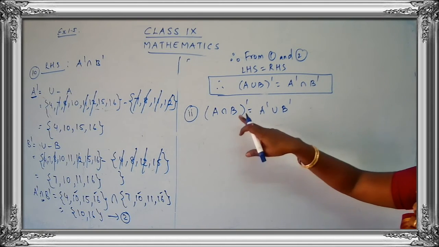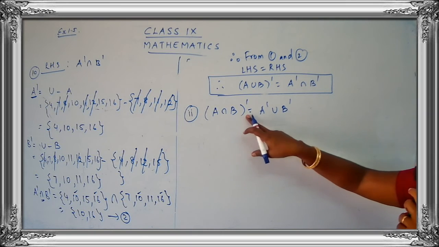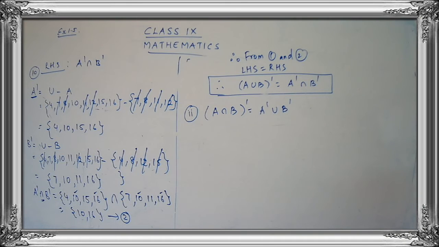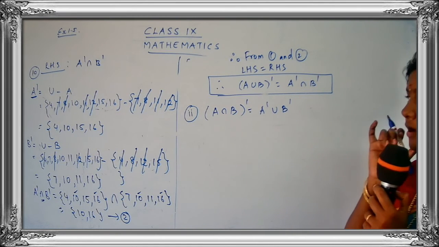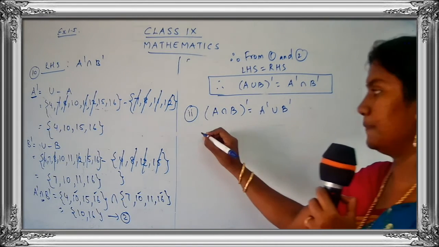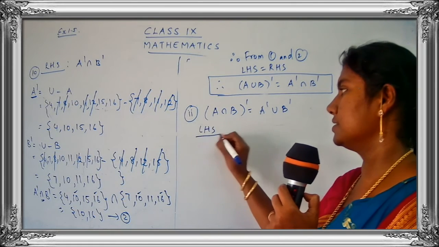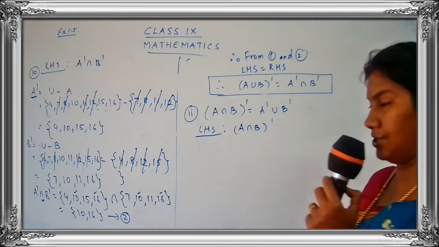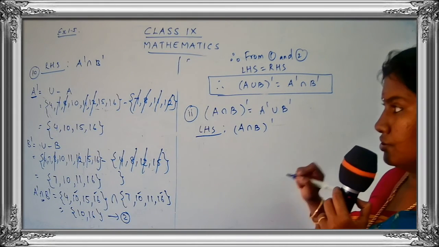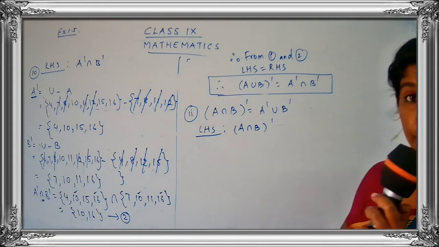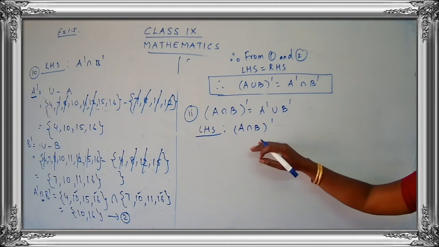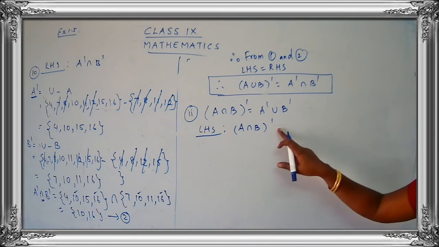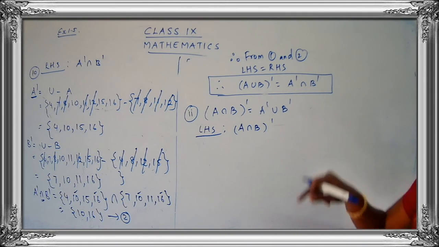So now we are going to show that A intersection B, the whole dash is equal to A dash union B dash. First of all, we are going to take the LHS part. So write down LHS: A intersection B, the whole dash. What is the step you are going to follow? First, find A intersection B, and after that find A intersection B, the whole dash.